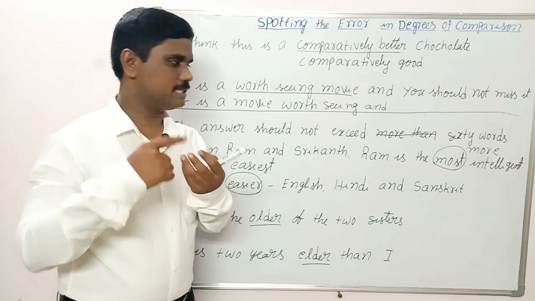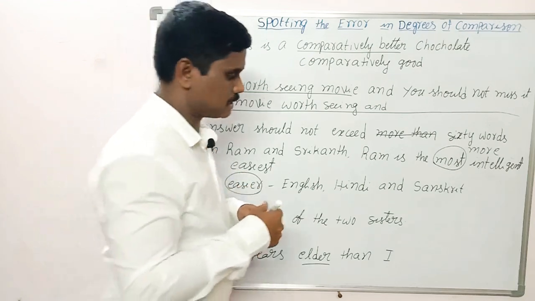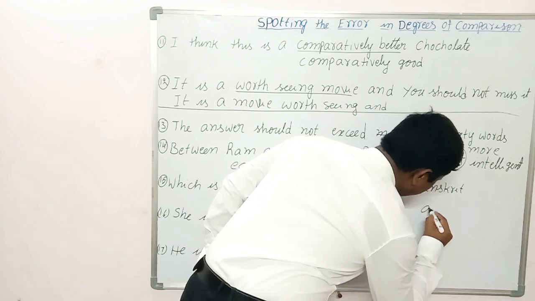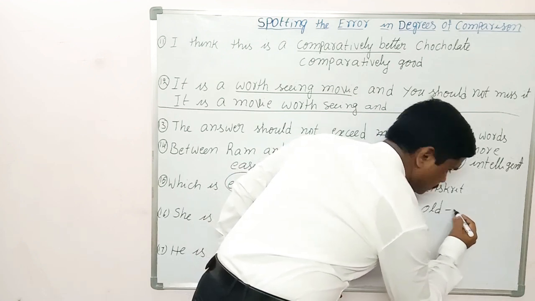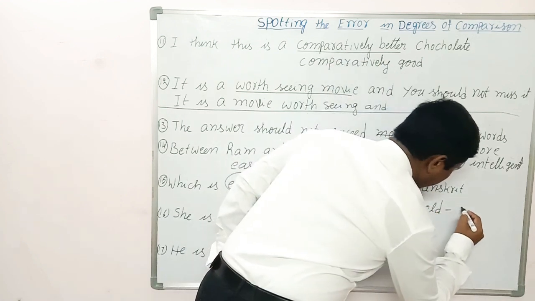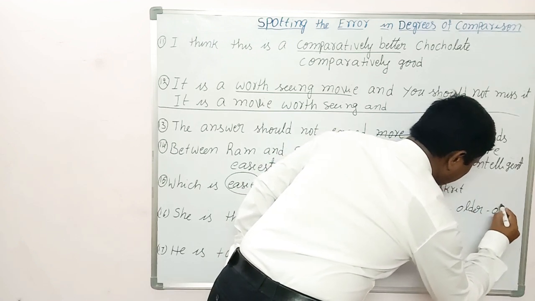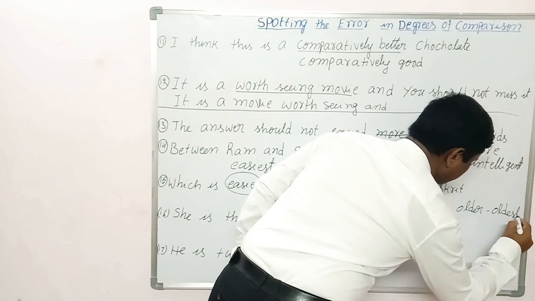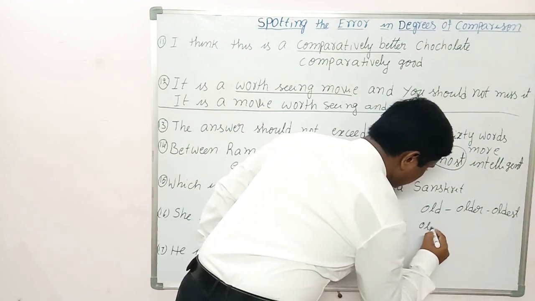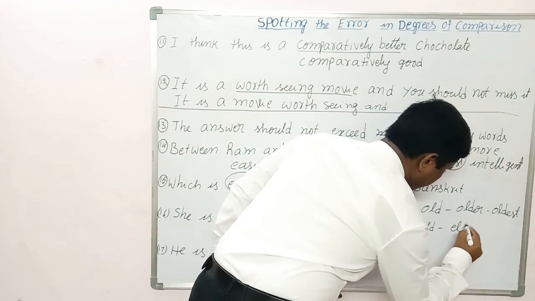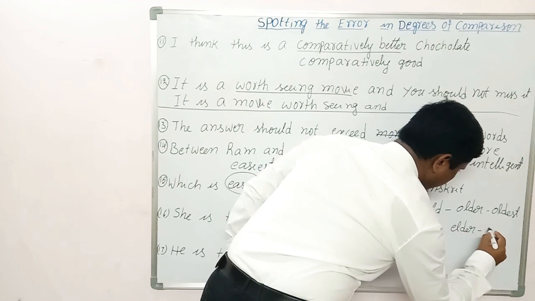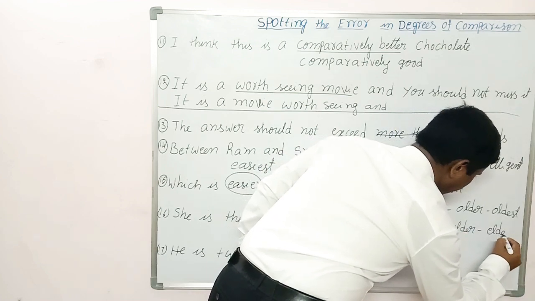So we have different ones. One is old, adjective 1, no problem. Second one is older, and this is oldest, adjective 3. Another one is old, and adjective 2 is elder, and adjective 3 is eldest.